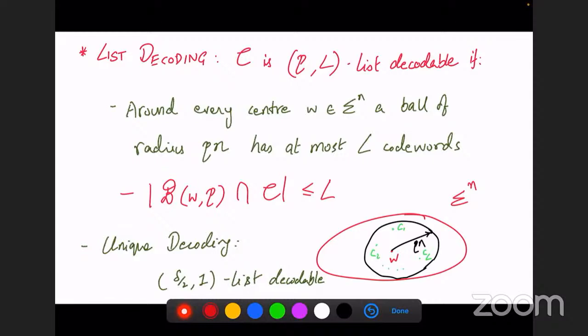Under this definition, it should be clear that unique decoding was just (delta by 2, 1) list decodable, because we drew a ball of radius delta by 2 around W, and we said only one codeword should be inside this ball. Anyway, if something is not clear, please ask me, because this is what the talk is going to be about: list decoding.